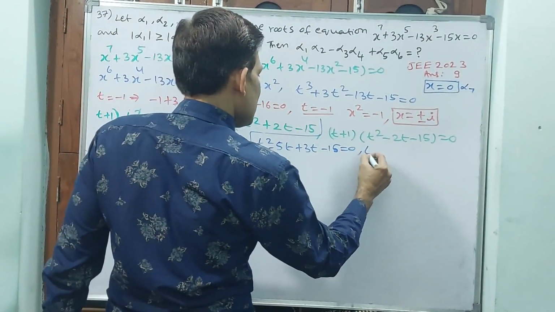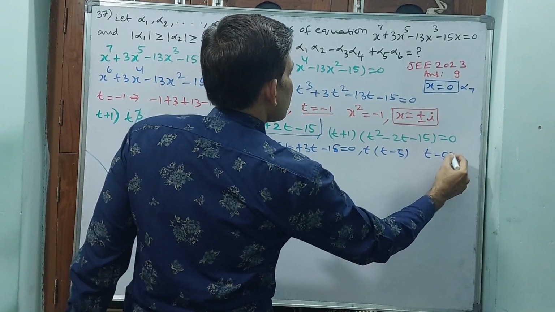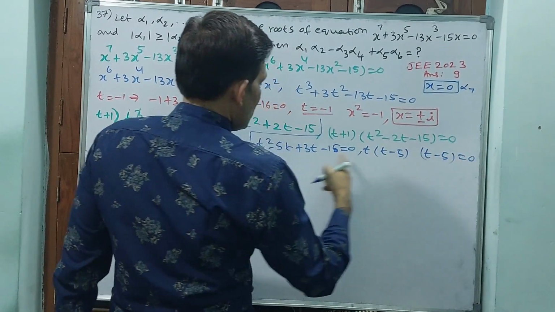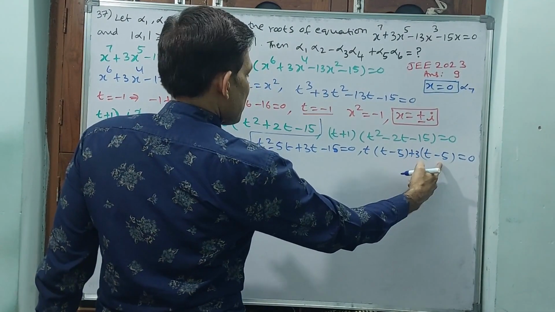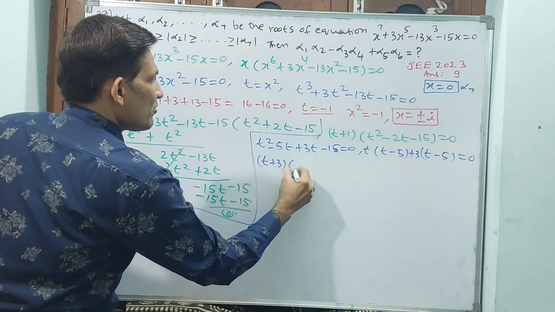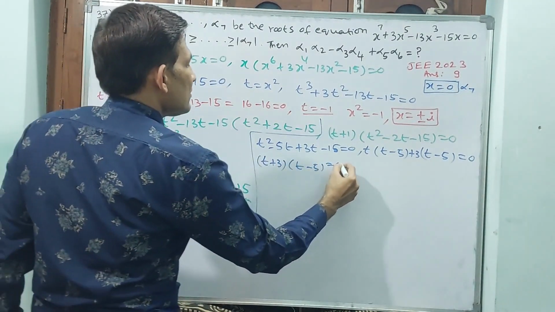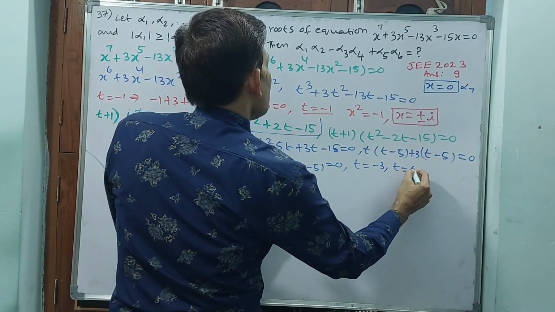Now we take t common, t minus 5. Again t minus 5 is equal to 0. See, 3t has to come. That means plus 3t minus 15. Okay. That means, see, t plus 3 into t minus 5 is equal to 0. Okay. See, t is equal to minus 3, t is equal to 5.